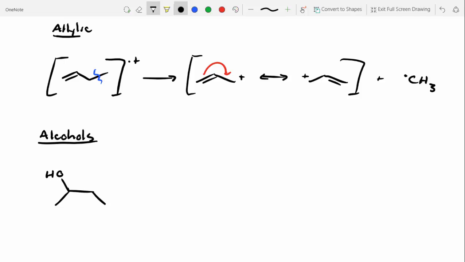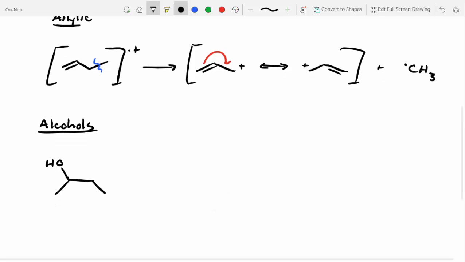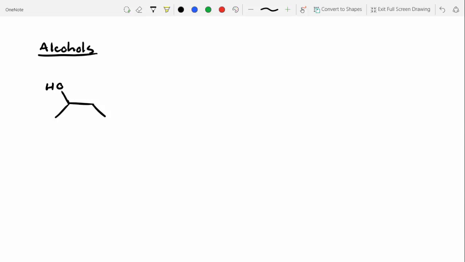All right, let's imagine this alcohol. And imagine that I'm bombarding this molecule with a beam of electrons. What electrons do you think will be most easily dislodged? Yeah, the lone pairs on the oxygen, right? If we think about a lone pair, it's just sticking out into empty space, more or less. The lone pairs are very exposed.